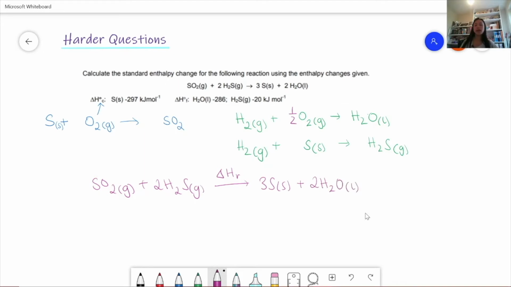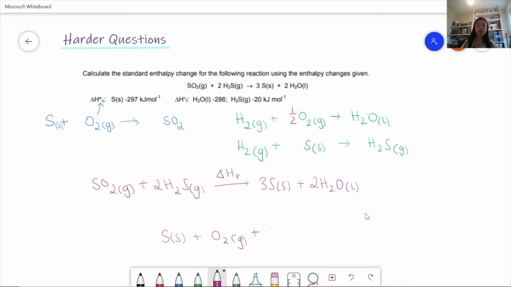Okay, and now we can see that the sulfur and the oxygen, I can combust the sulfur to form sulfur dioxide. So if we have a sulfur here and add it with an oxygen, we can form this sulfur dioxide. And then with this hydrogen sulfide, we can form it using hydrogen and sulfur.